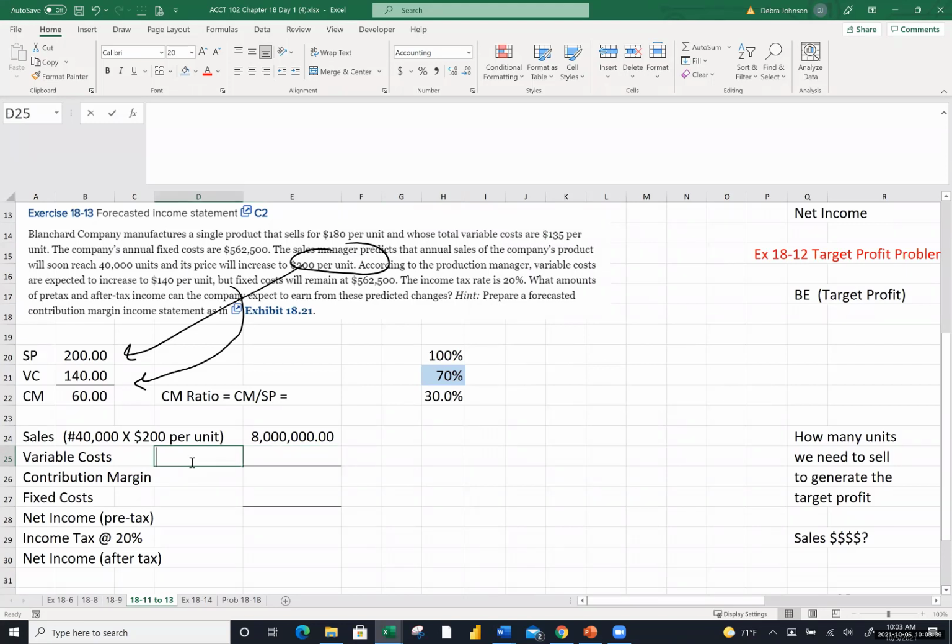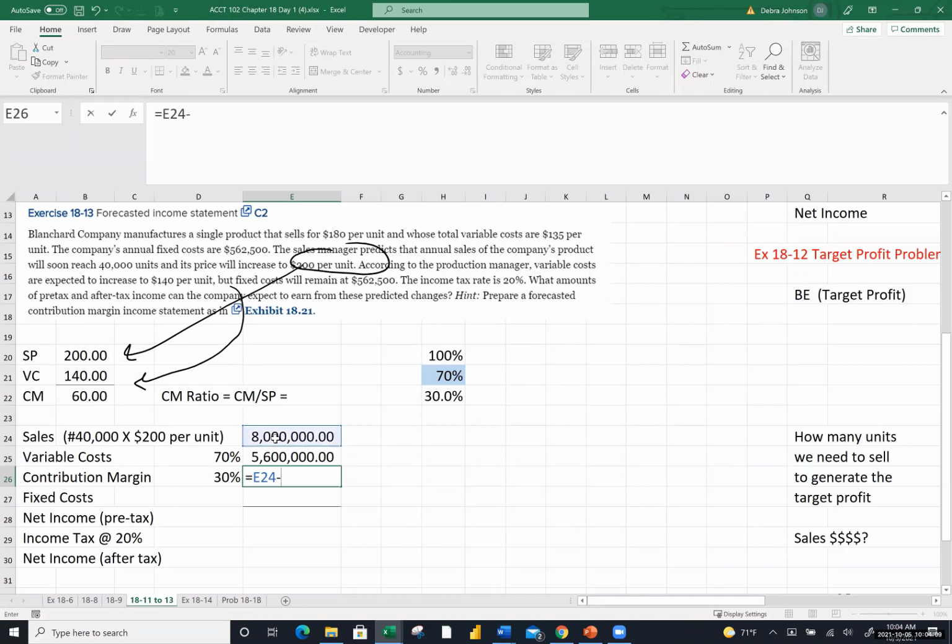Based on what we computed earlier, my variable costs are 70%, my bad, and my contribution margin's 30%, so we can automatically calculate that. 8 million times 70%, there's their variable costs. And the 30% can either be computed, or you can take the difference between these two. Either way, you're going to get the same answer.